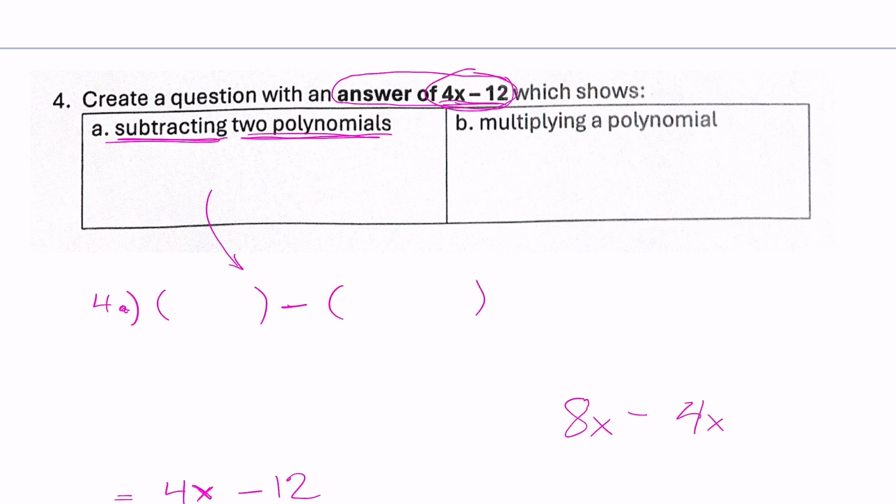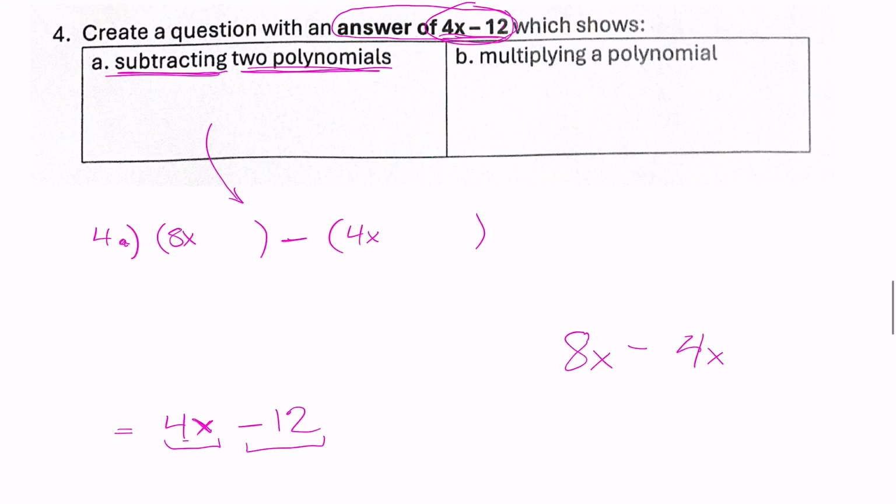Now, since they're two separate polynomials, one of the x members, 8x, would go there, and then the 4x would go here. So that's part one right there. I need to figure these two out as well, because I need to get not just 4x, I need to get negative 12 as well. So two numbers that subtract to give negative 12.